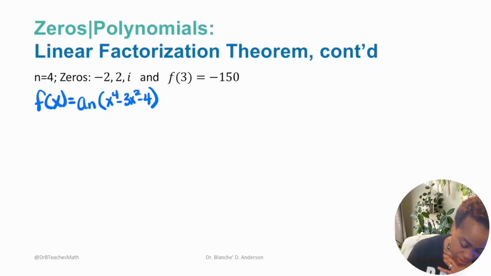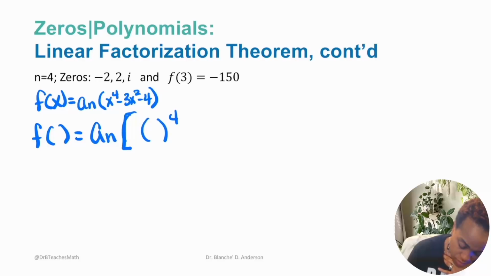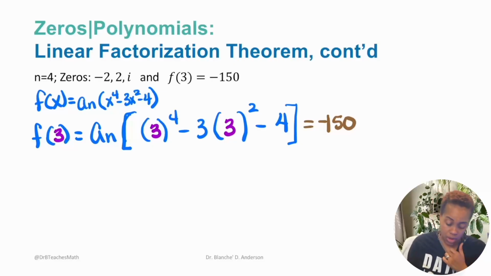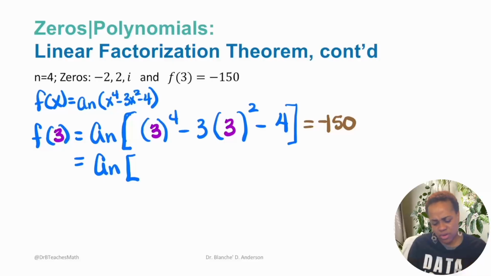So then let's plug in 3, 3, 3. Okay, so then a sub n, 3 to the 4th. 3 to the 4th should be 81.